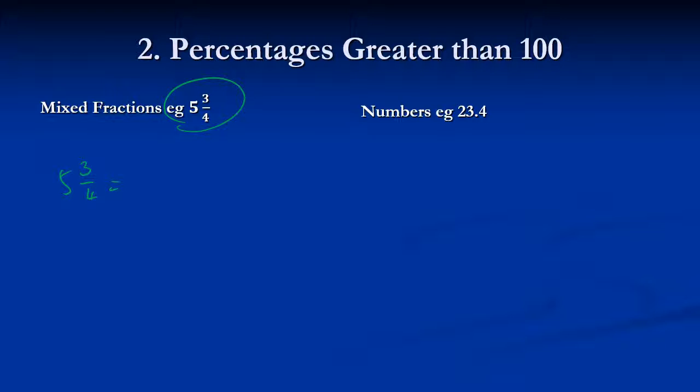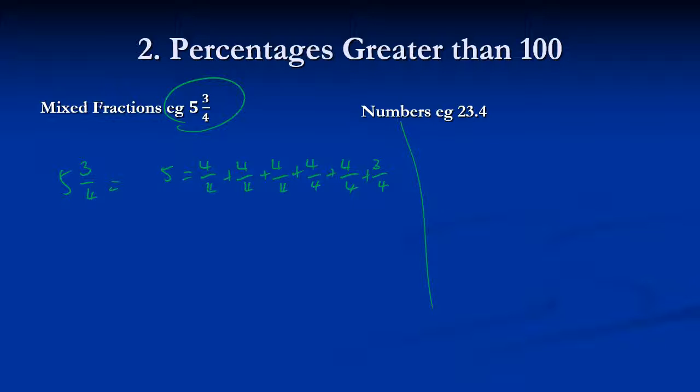I'm saying 5 equals 4 over 4 plus 4 over 4 plus 4 over 4. Remember, 4 over 4 is just 1, plus 4 over 4 plus 4 over 4. And we've got that 3/4, which is 3 over 4.